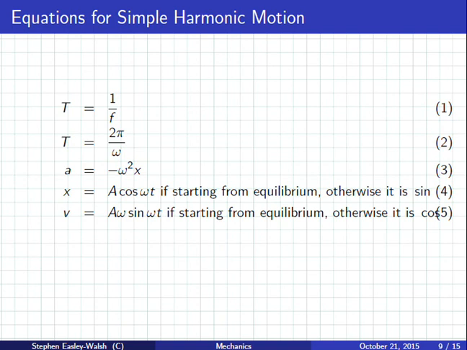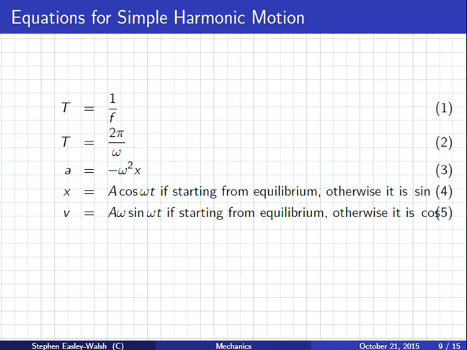Now I tell you how I know it's a mistake. If you push it down like this, at the beginning what's the velocity? Zero. Now look at the formula. What is A omega sine omega 0?